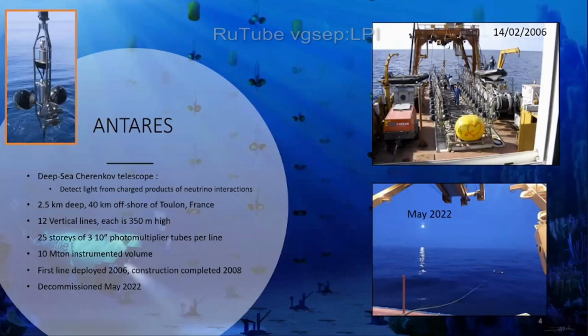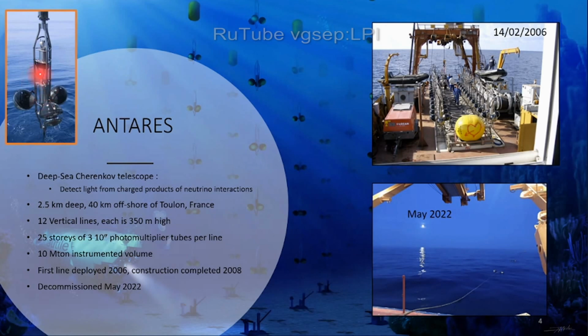Right, so I realized this is the first time I have to talk about ANTARES in the past tense. So I should actually say ANTARES was a neutrino detector, which essentially consisted of 12 vertical lines with 25 stories. And each of these stories had 3 10-inch photomultiplier tubes, each encased in a glass sphere of 17 inches.